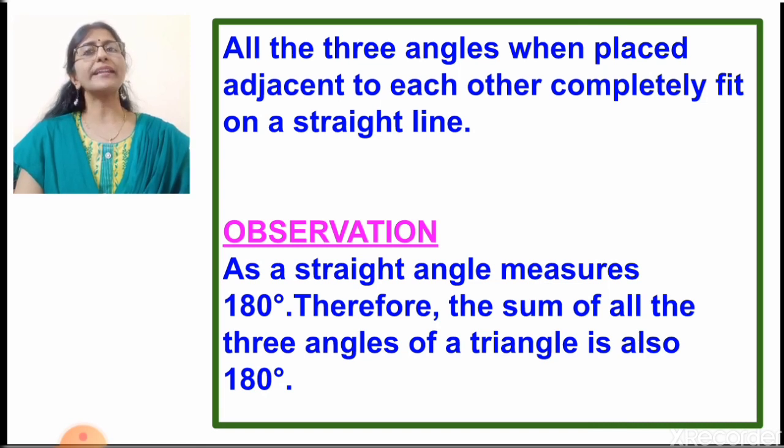So these all points you have to write, and then you will write observation. Observation is, as a straight angle measures 180 degree, therefore the sum of all the 3 angles of a triangle is also 180 degree.